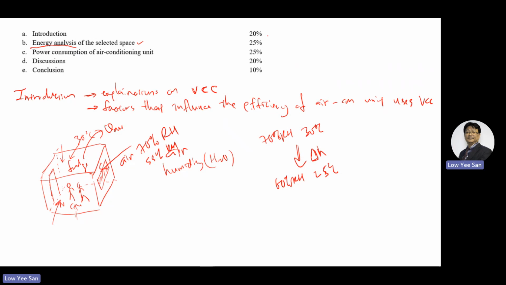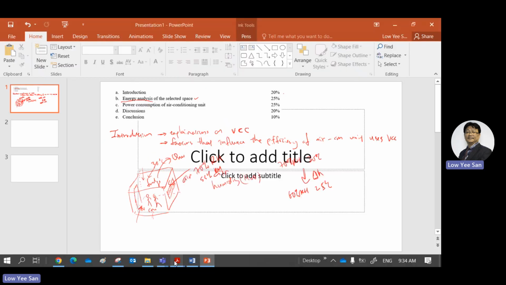Now, of course, if you don't use the calculator, you can use the psychrometric chart I showed you previously.